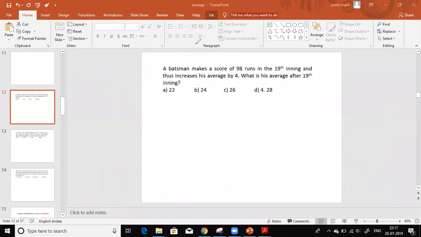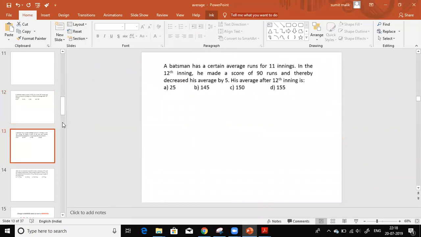Do the next one, then the picture will be more clear. If any doubt, please ask me. Okay, don't hesitate. I will explain.